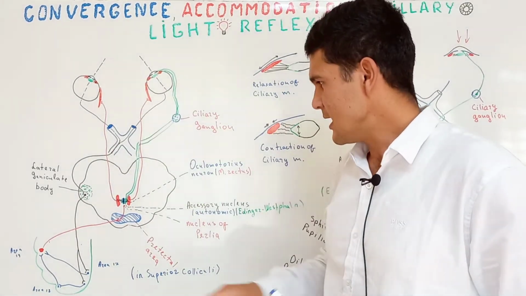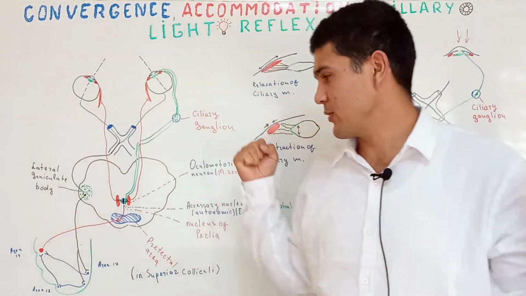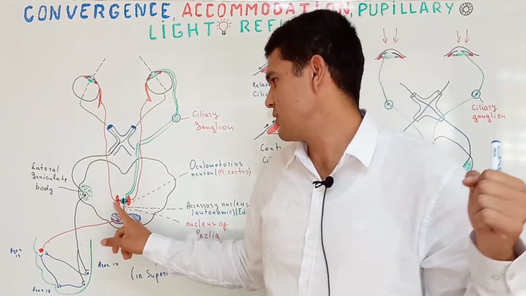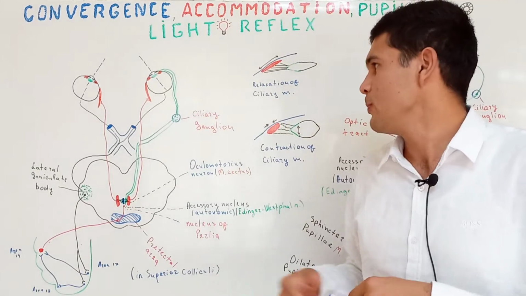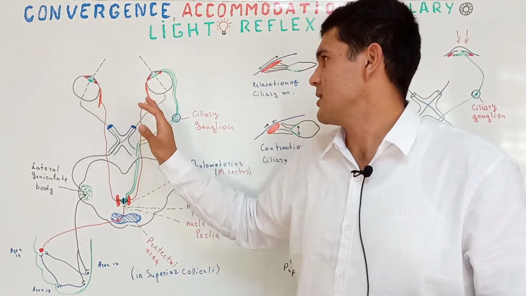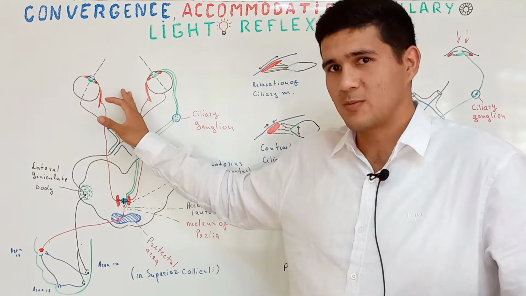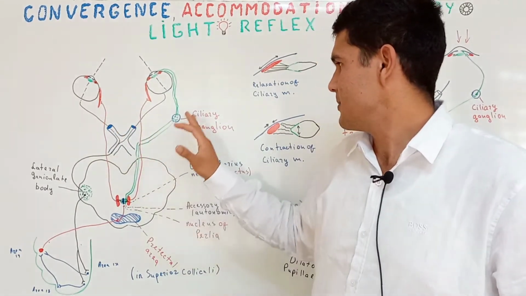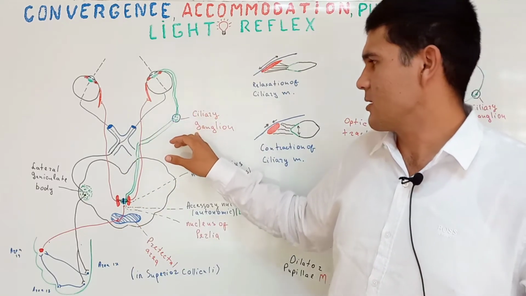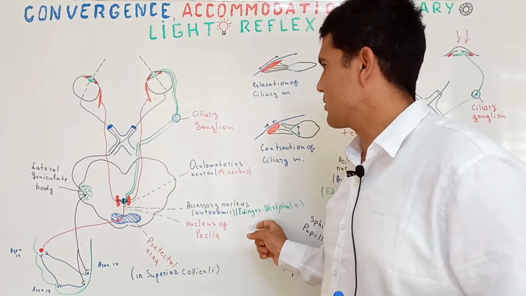After getting this information from the nucleus of Perlia, these two neurons accomplish their function by contracting the medial rectus muscles and sending some information to the ciliary ganglion via the Edinger-Westphal nucleus.